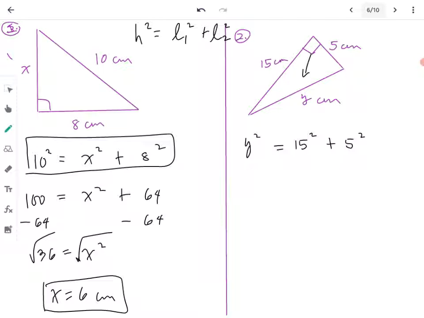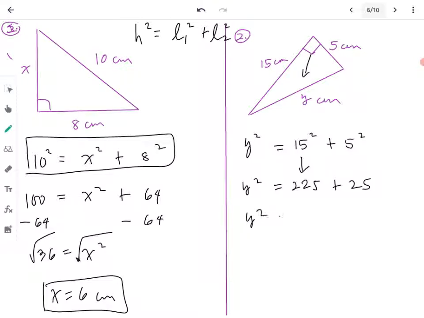The square of 15 is 225. This one is 25.